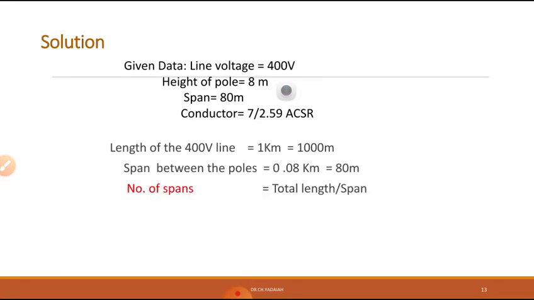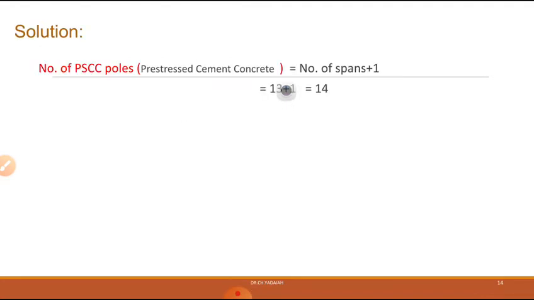So number of spans is equal to total length by span. 1000 by 80, we are going to get 12.5, say 13 poles. We cannot take the fraction, so let us take a round figure, 13 instead of 12.5. Now we have got the number of spans. After that, we are going to calculate the number of PSCC poles.